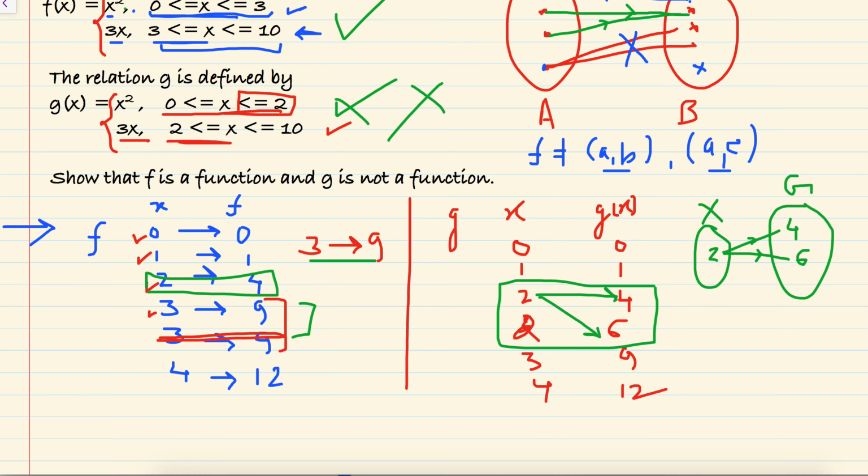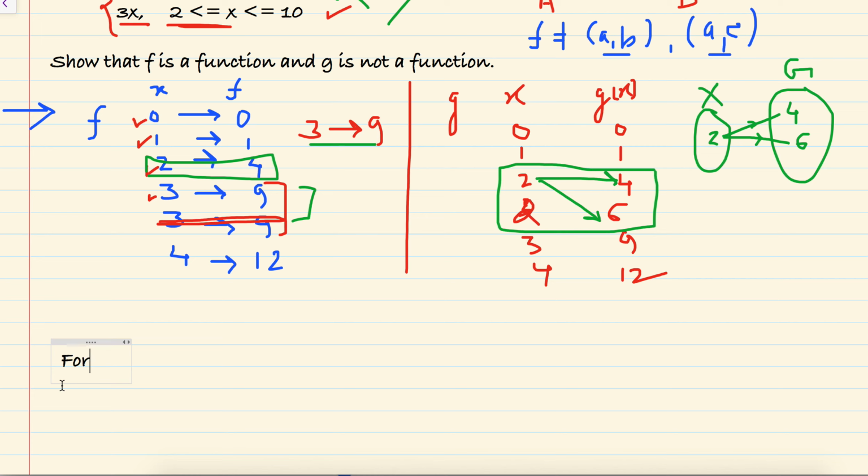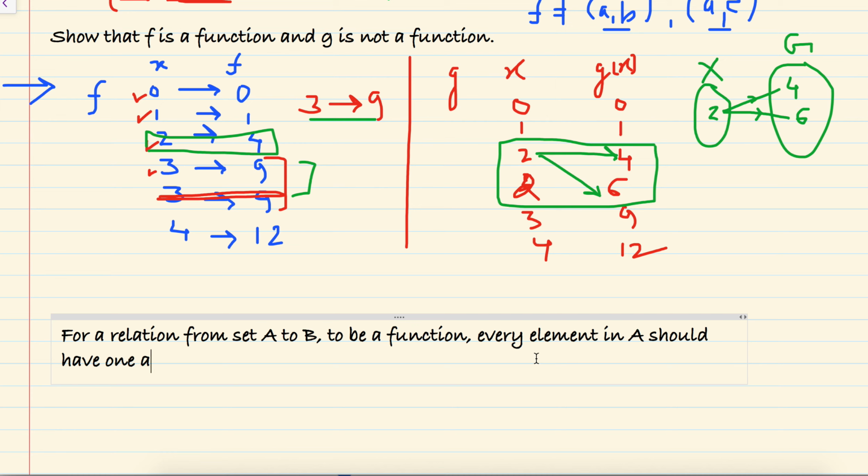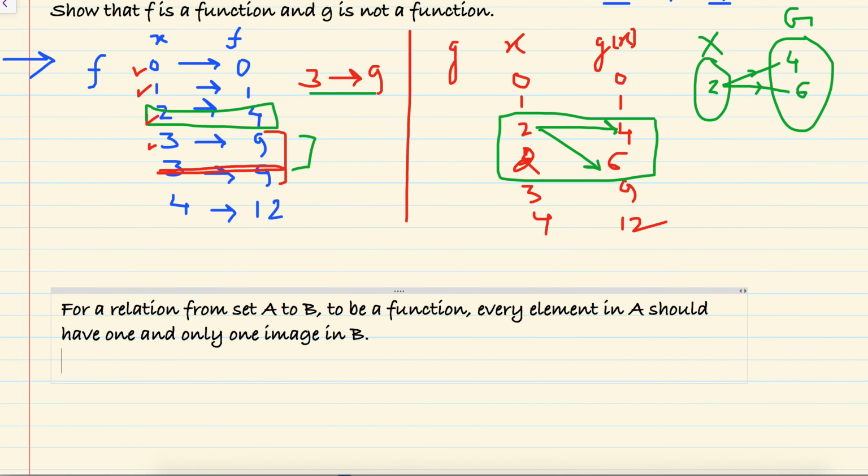We can write that for a relation from set A to B to be a function, every element in A should have one and only one element in B, one image in B.